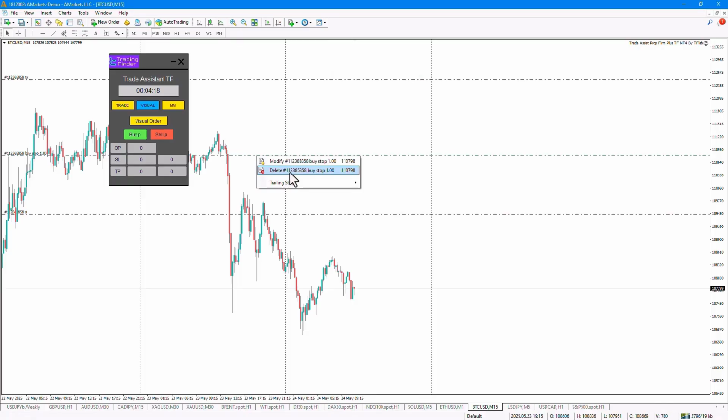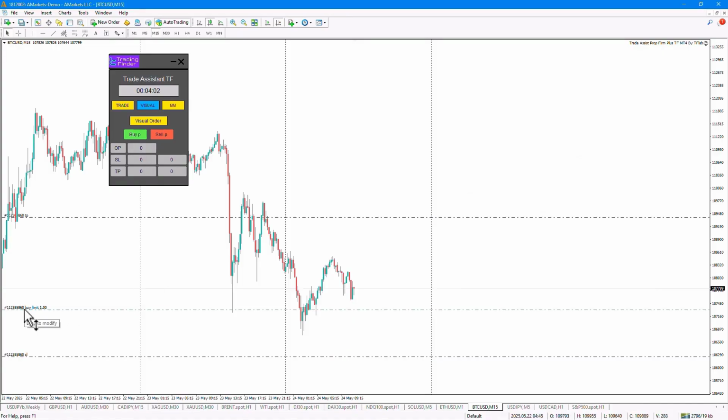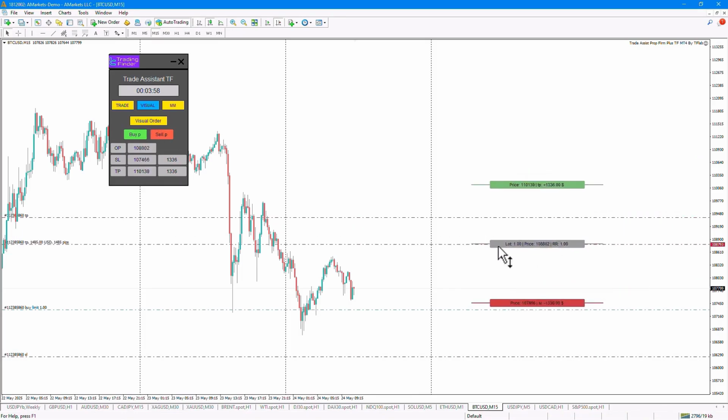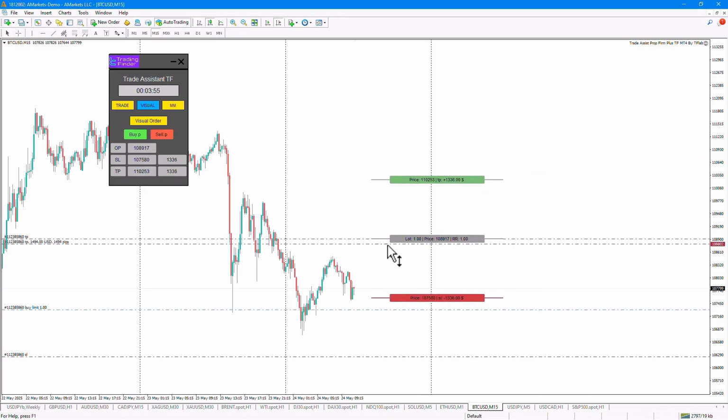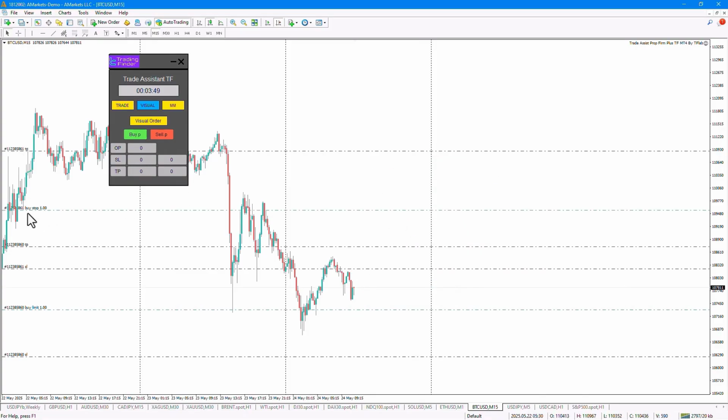By setting the pending order, the expert advisor automatically determines whether it should be a limit or stop order. Here we can simply see the type of trade, buy limit, and buy stop.